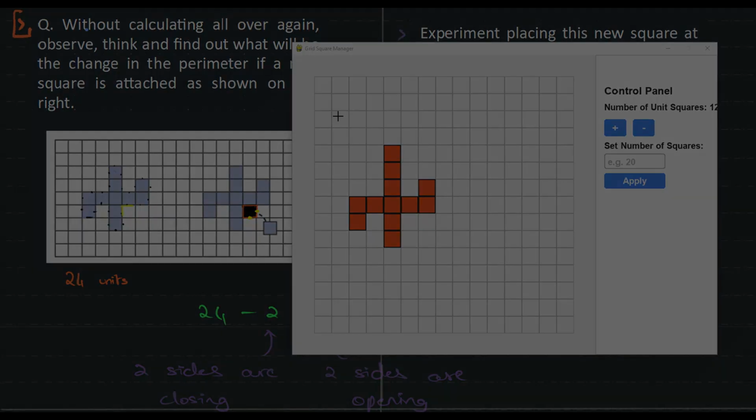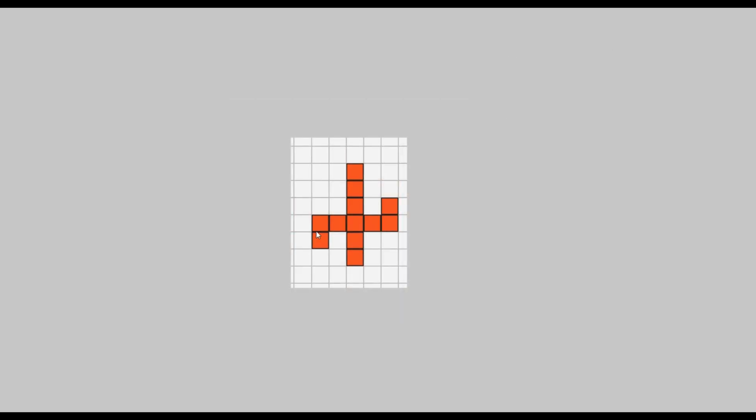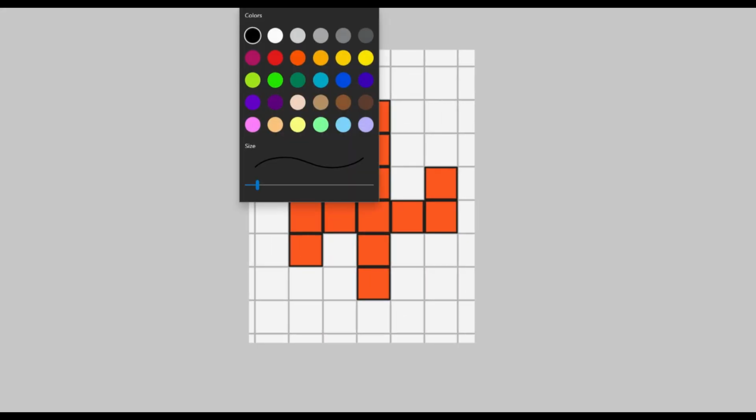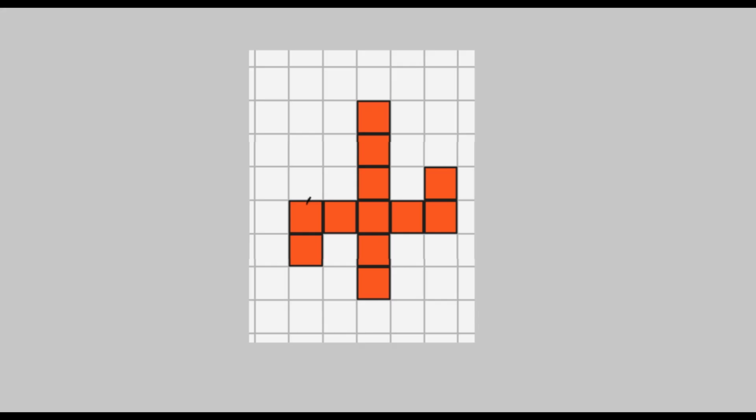So here too, if I do this same thing again, zooming in and counting. So 1, 2, 3, 4, 5, 6, 7, 8, 9, 10, 11, 12, 13, 14, 15, 16, 17, 18, 19, 20, 21, 22, 23, 24, 25, 26. Can you see that? I got 26.